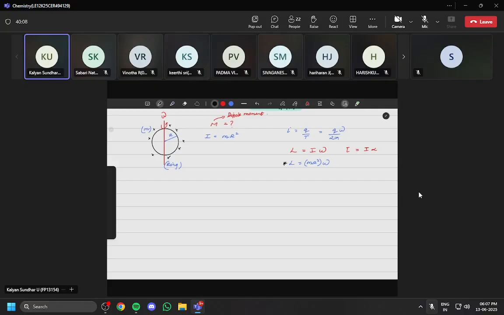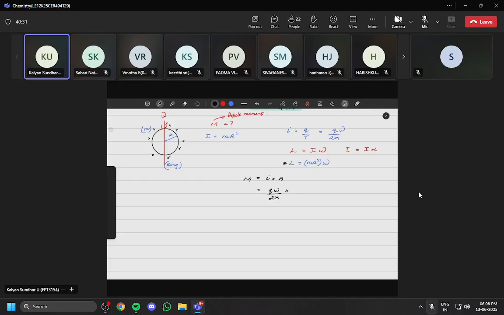Right? Now what about your m vector? m will be equal to I into your area vector, correct? I for us is q omega by 2 pi. And next comes your area.